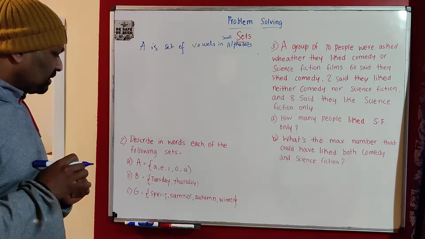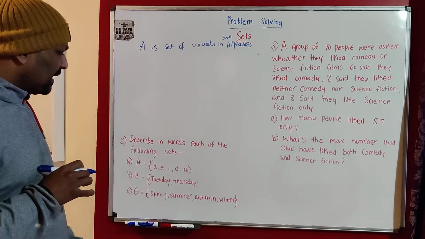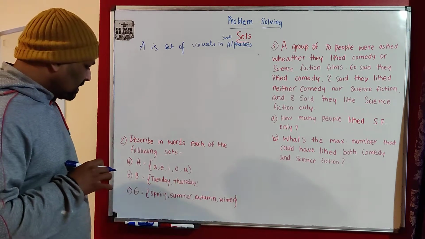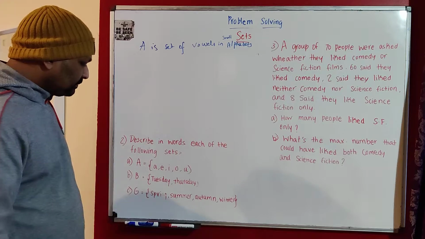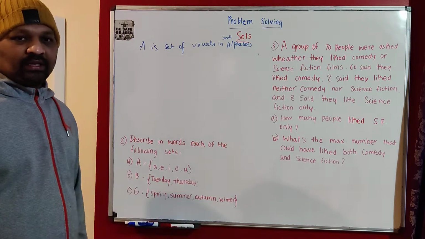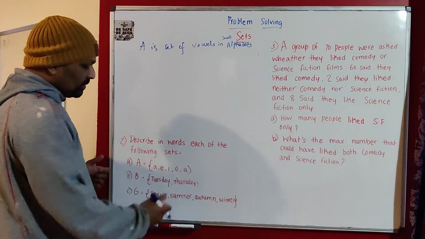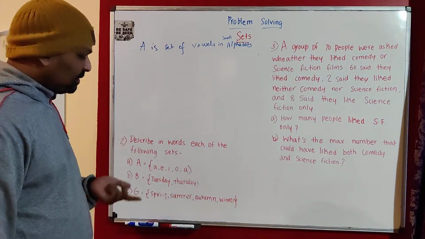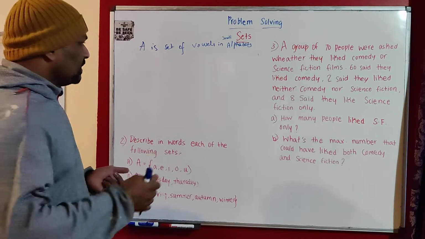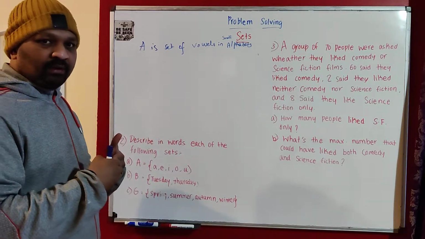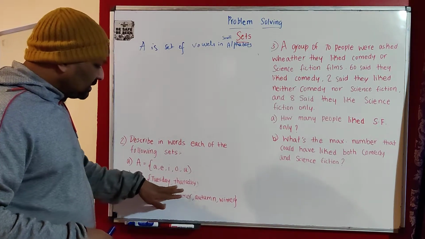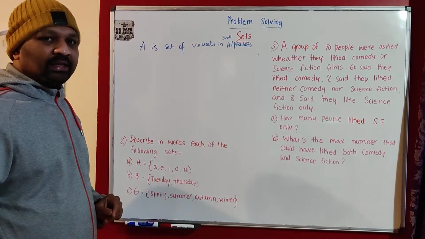The other way of writing this set in words is probably days in a week that start with T, isn't it? I don't see any other elements that start with the letter T. So that's how you can write it. If I write that back into the list form, I'll only get these 2 days, not any other day.